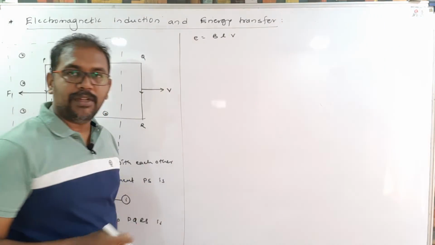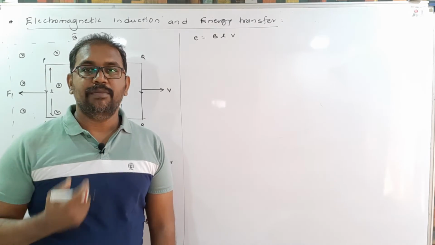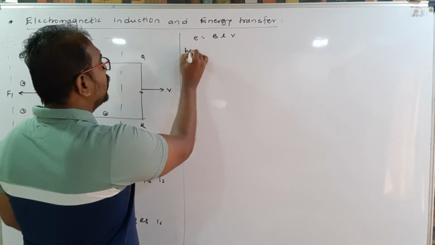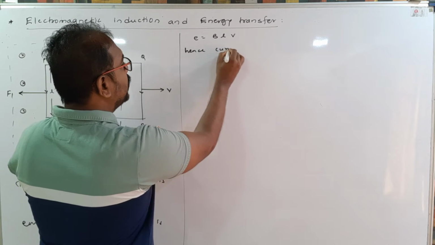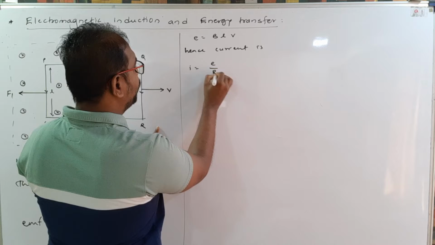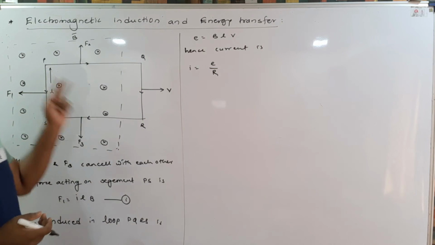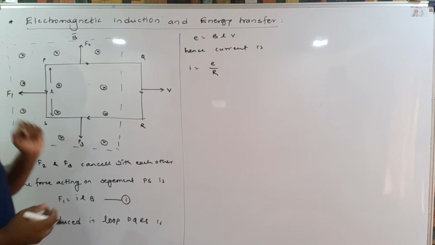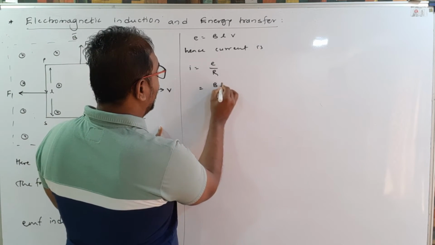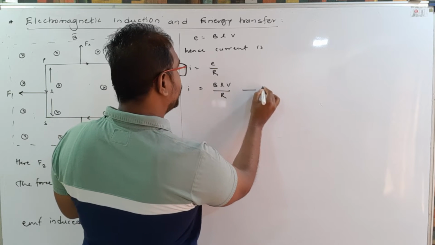We already learned in previous videos that the EMF induced in a straight conductor moved in a uniform magnetic field is BLV. Hence the induced current is I = E/R, where E is the EMF induced and R is the resistance of this PS side. So I = BLV divided by R. This is the induced current, equation number 2.